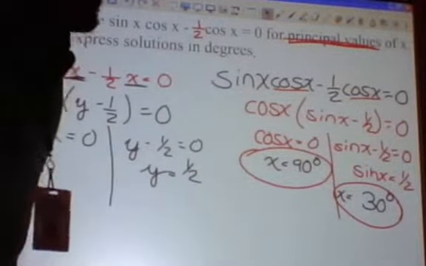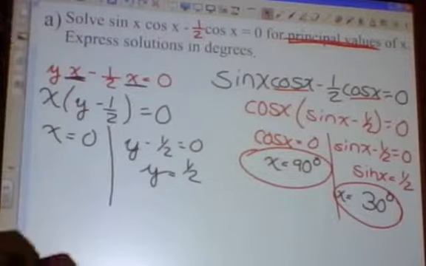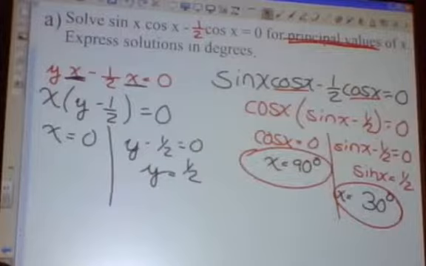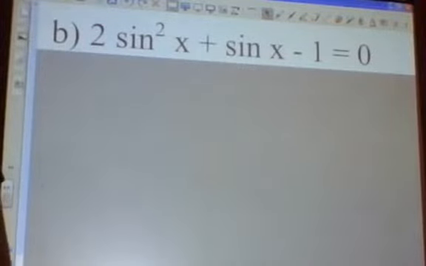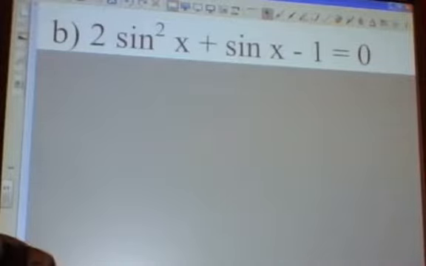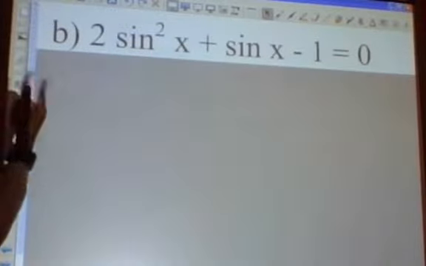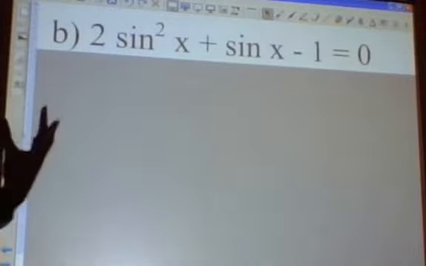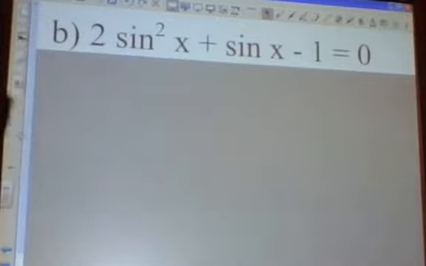All right. Now, what we're going to do next, we're actually going to give you a practice problem to work on. And I'll put the answer up at the very bottom so you can see what the answer really is, so you know you're doing it right. So we have 2 sine squared x plus sine x minus 1 equals 0.